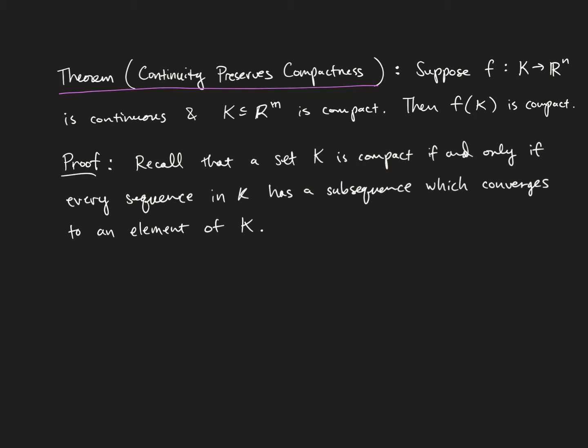And the reason that we use this characterization of compactness is because continuity, remember, tells us that if we have a sequence x_k converging to x, then f of x_k has to converge to f of x.